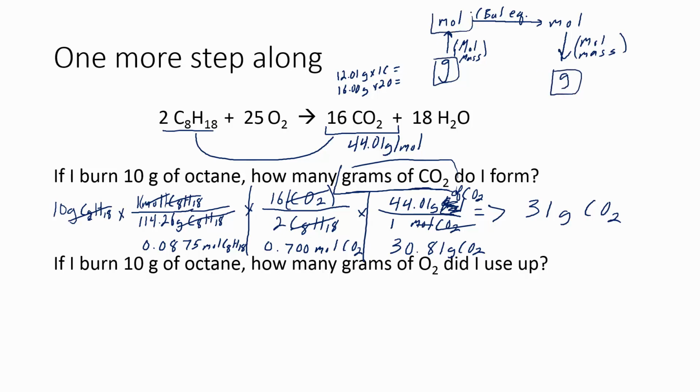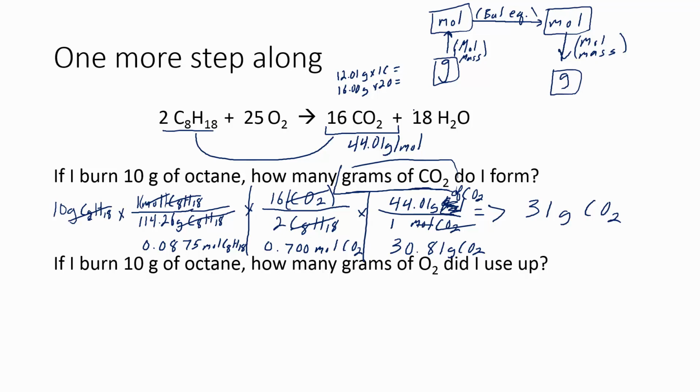So there's 4 parts to this, and 4 conversions I could make. If I start at moles and I want to end at moles, 1 step through the balanced equation. If I start at moles and I want to end at grams, fine, moles to moles, using the balanced equation, down to grams. If I start at grams and want to end with moles, I go grams to moles, to molar mass to moles of the other stuff, to the balanced equation, and I'm done.